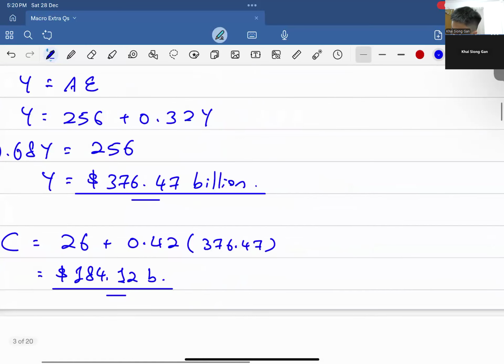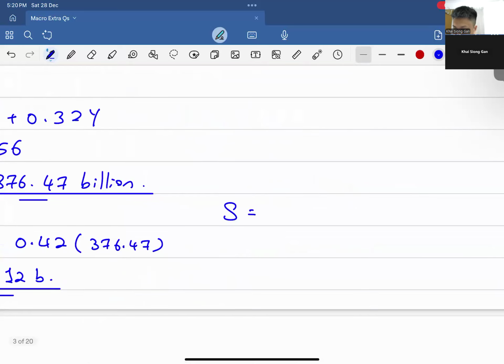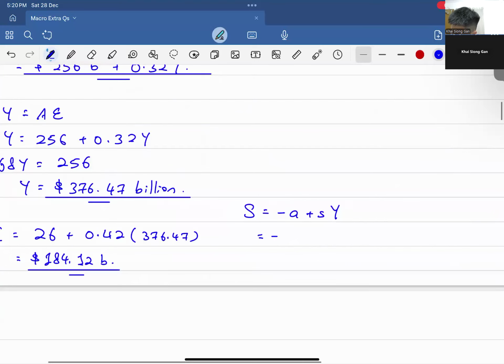And then saving function. How to find saving function? Still remember or not? You have two ways actually. One way is using the formula saving function equals negative A plus SY, where negative A is the autonomous consumption. So how do I find S? Remember we learned MPS equals 1 minus MPC.